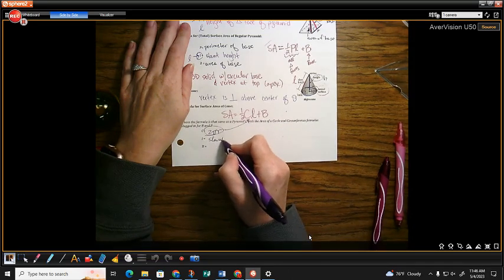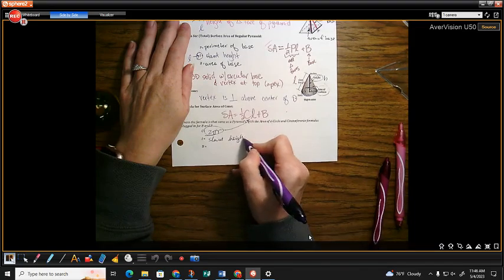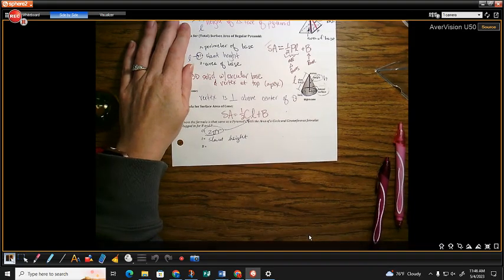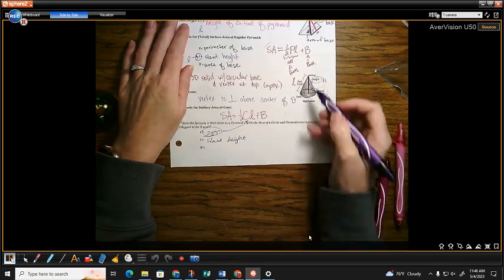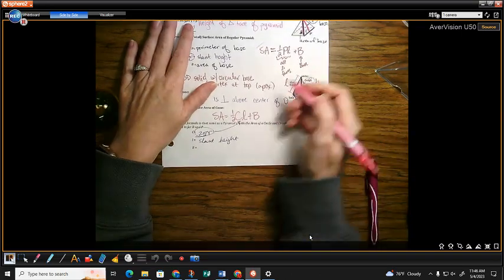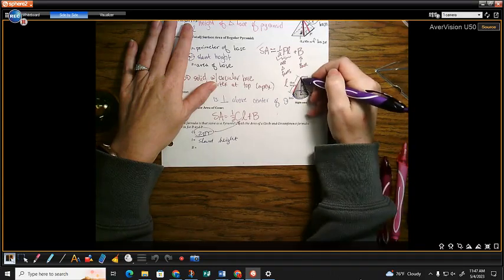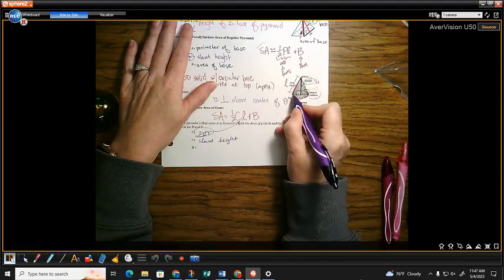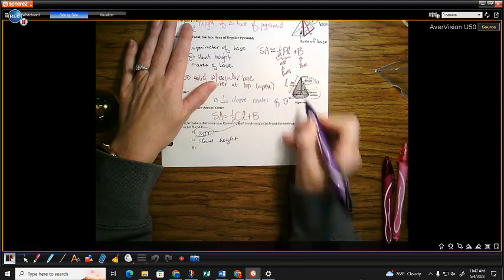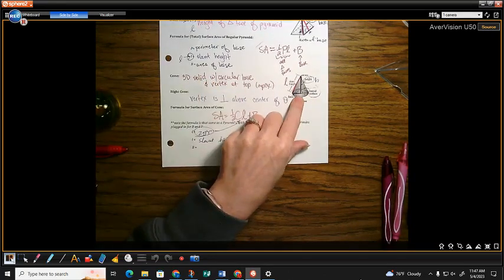Slant height. Do you think I'm always going to give you the slant height? No. Because look, the slant height is this lovely slant. But your regular height is perpendicular to the radius going out to that slant. Doesn't that make a lovely right triangle?